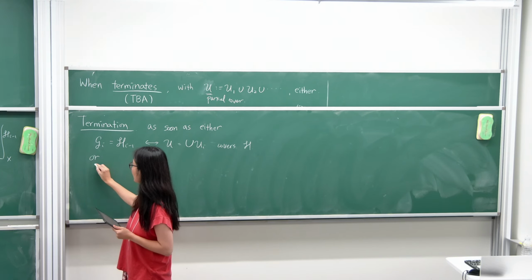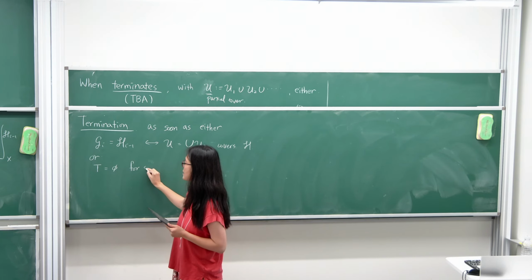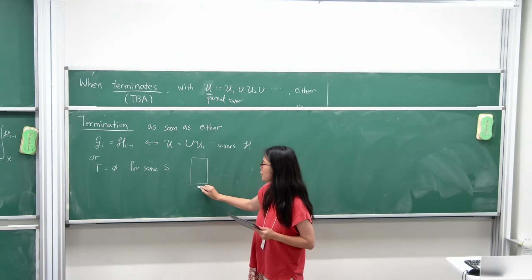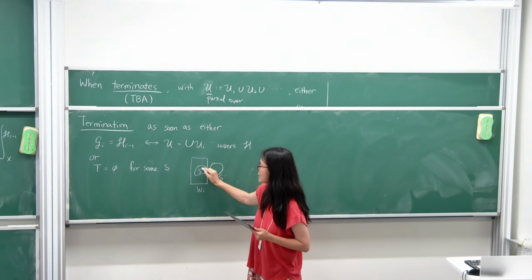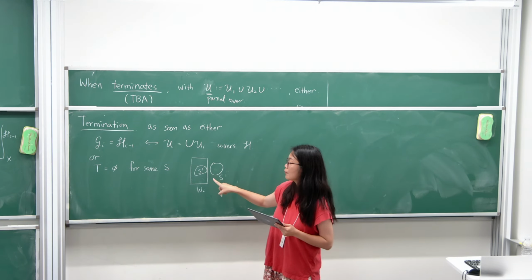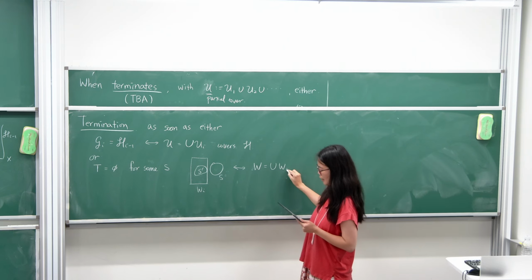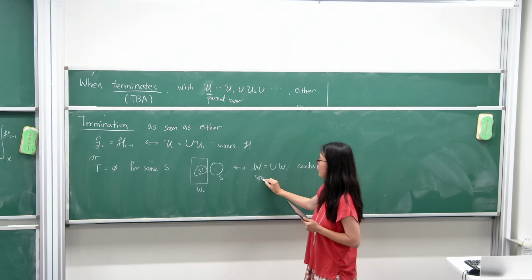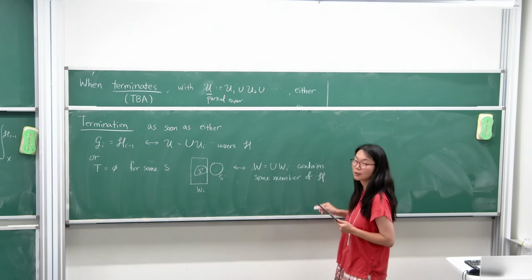Or T, the minimum fragment, is the empty set for some S. Pictorially, this means we have our current W_i, and we have our current S, some S, and there is some S prime that is entirely contained in W_i. And if this happens, then this means W, which is the union of W_i, contains some member of H, right?